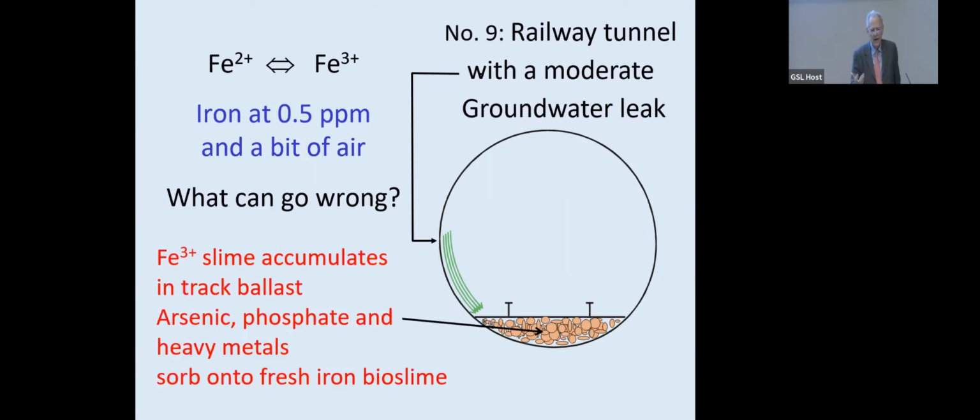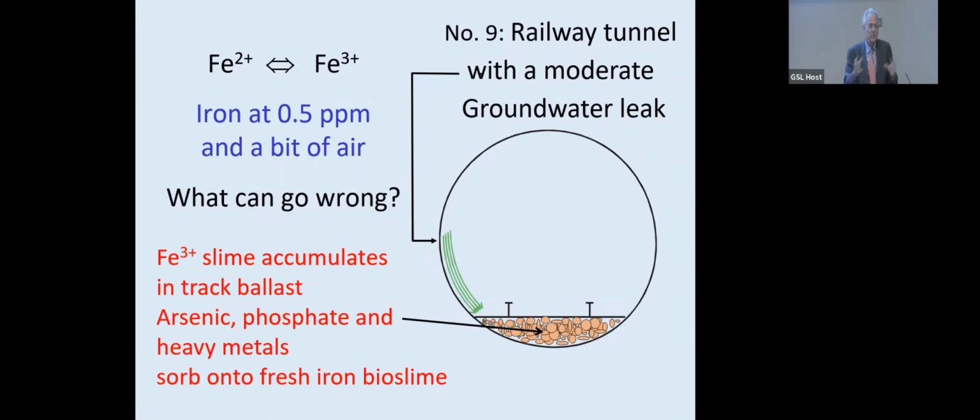It's a bit like activated carbon, activated charcoal. You've got activated iron slime. So a leak showing the green down the side of the tunnel, water leaking in, slight amount of iron in it. Again, we didn't really get a proper iron analysis.